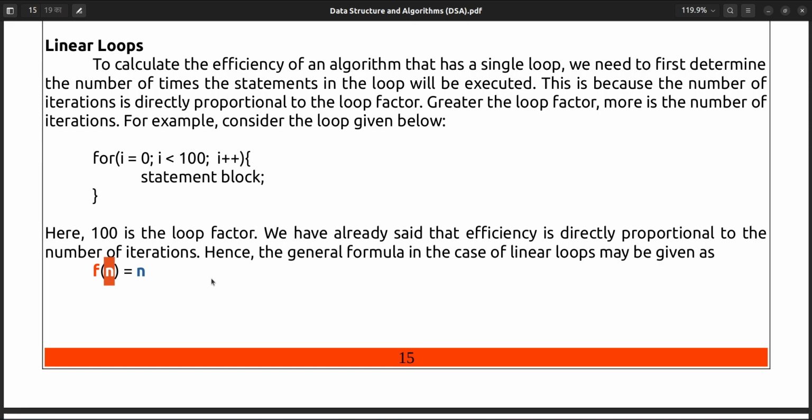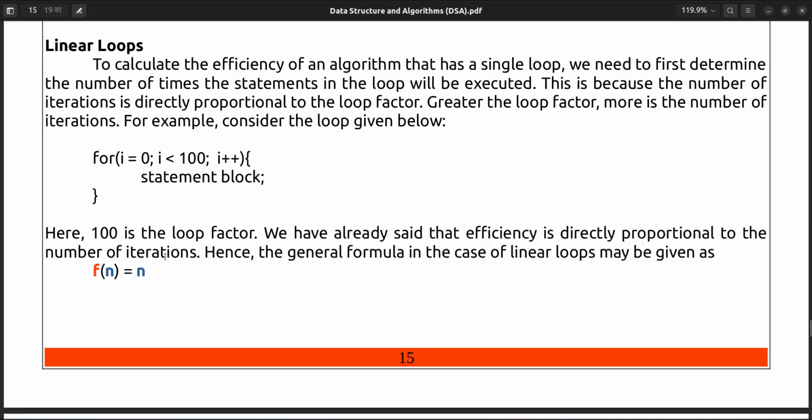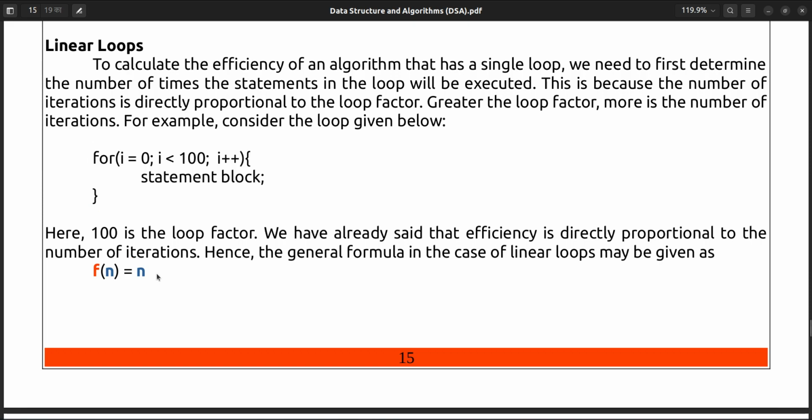So the efficiency of this one will be 100. Okay. Hence the general formula in the case of linear loops may be given as f(n). So this is the complexity of this algorithm. f(n) is equal to n. n is the number of loops, how many times this will be executed. 100 times this statement will be executed.